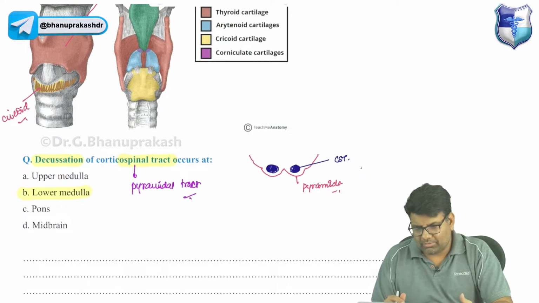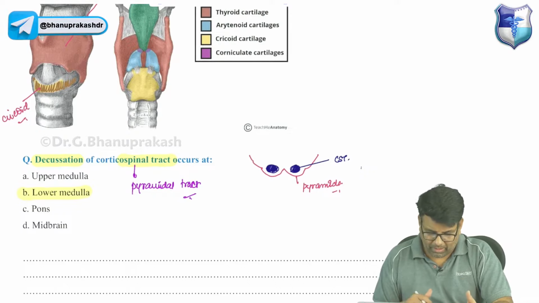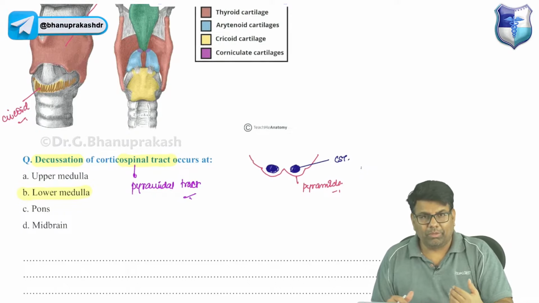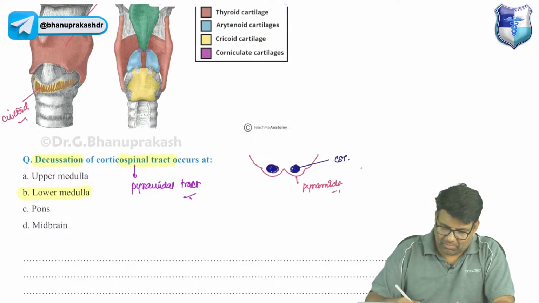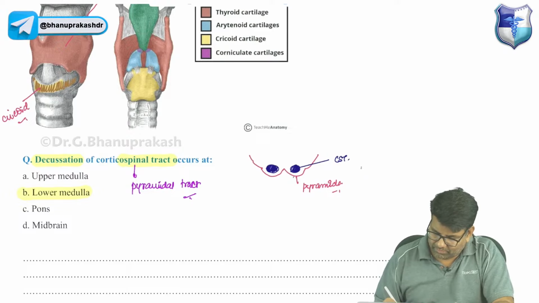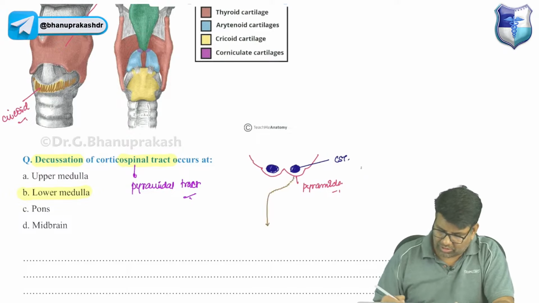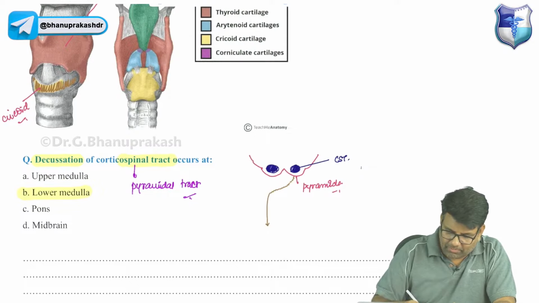Pyramidal tract is the same as corticospinal tract, because the pyramid is the area of the medulla which is occupied by the corticospinal tract. And below this point, the corticospinal tract crosses to the other side.